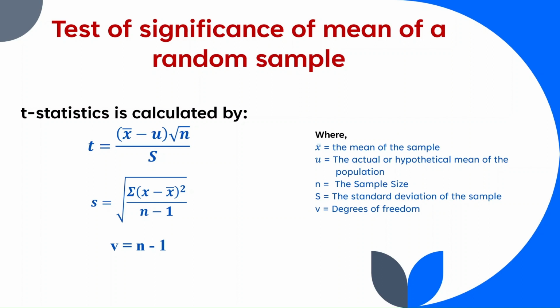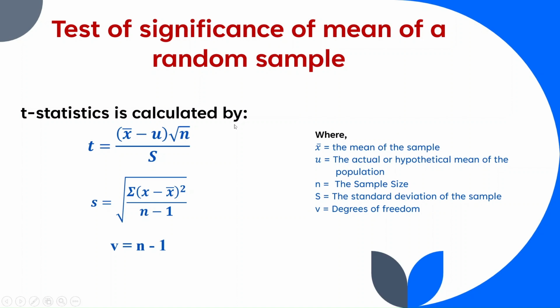If we have only one sample and we have the value of the population mean, then we will apply this formula for calculating the t-statistic or t-calculated value. Here t stands for the t-statistic, x-bar is the mean of the sample, mu is the actual or hypothetical mean of the population, n is the sample size, and s is the standard deviation of the sample. n minus 1 here refers to the degrees of freedom. This degree of freedom is required when we read the t-tables.